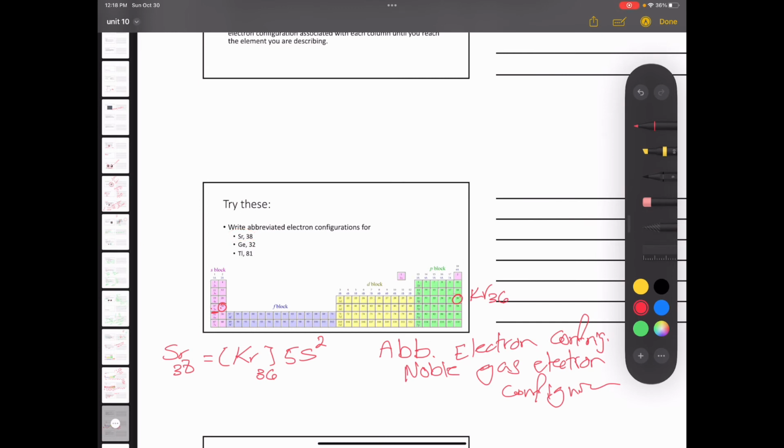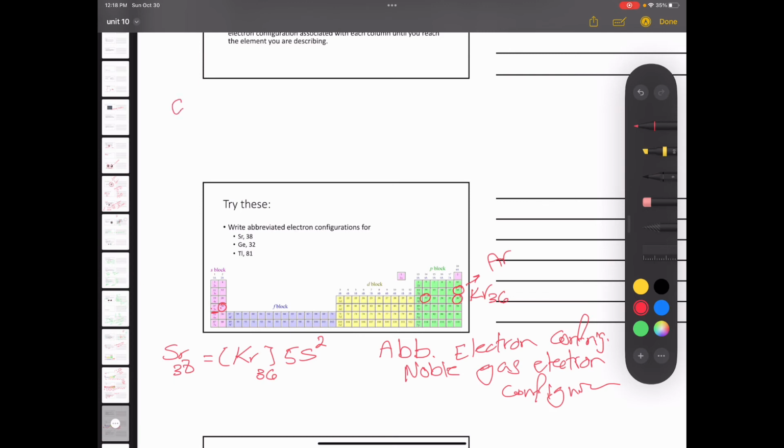All right, let's try another one. Let's do germanium. So first we need to locate germanium on the periodic table, which is 32. That is going to be right in the p block, on the 4p if I want to be more specific. Okay? Next, I need to see what is the noble gas that precedes that row on the periodic table, and that is going to be 18. And 18 for noble gas represents argon.